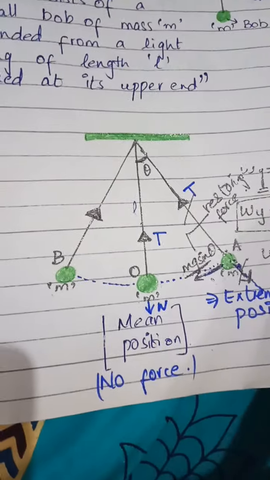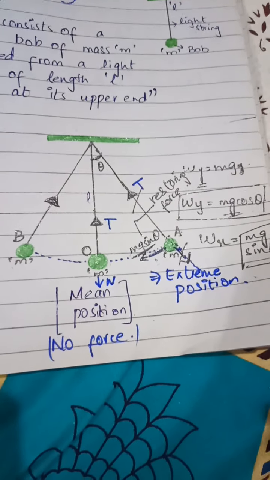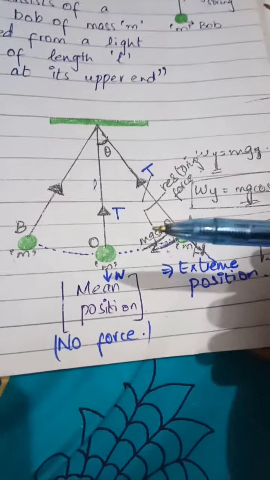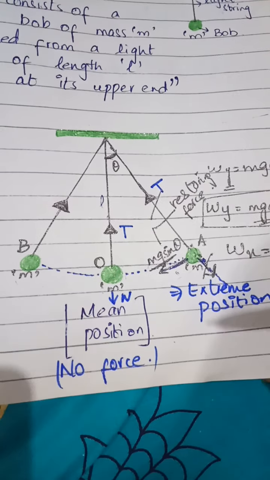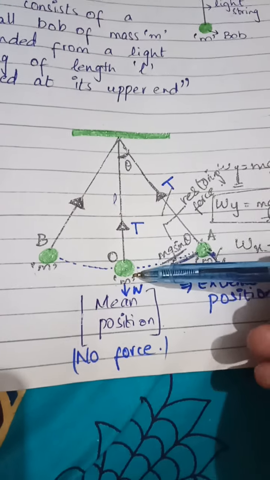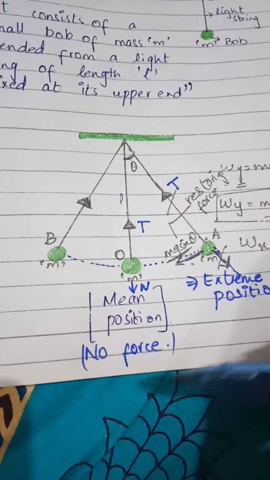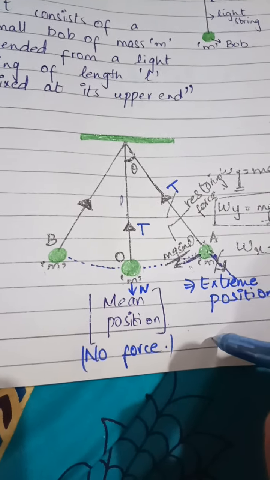The next is force. Where will the force be acting? What will be the amount, when will the force be maximum and when will it be minimum? So we can talk about it in reference to restoring force as well. Over here, as I have discussed, these components are cancelling out the effect of each other. So over here, no force is acting on it.